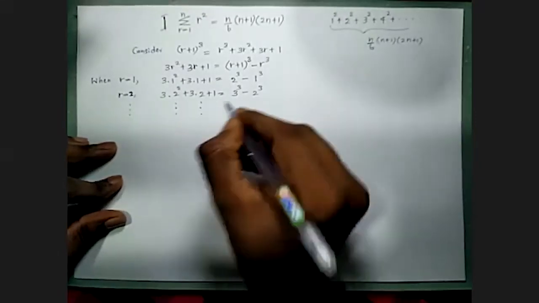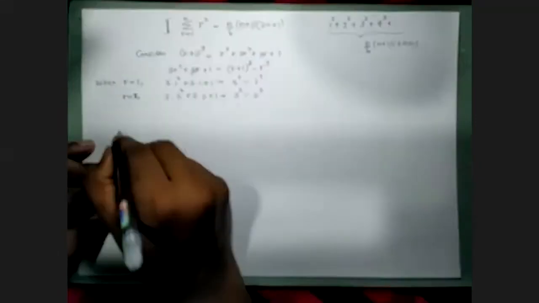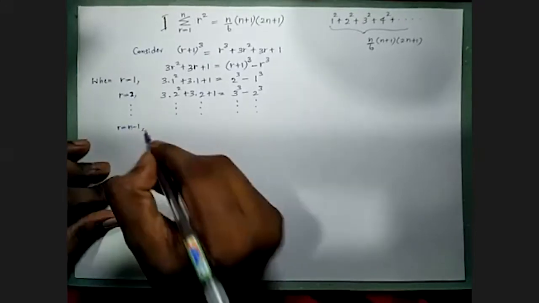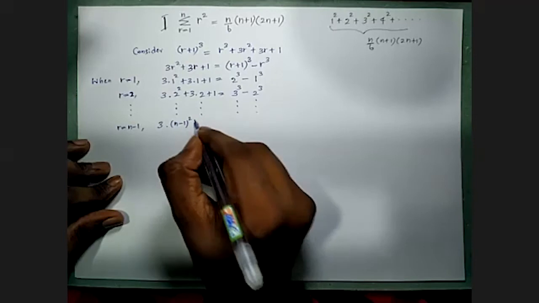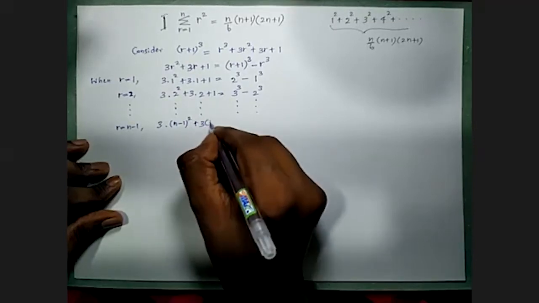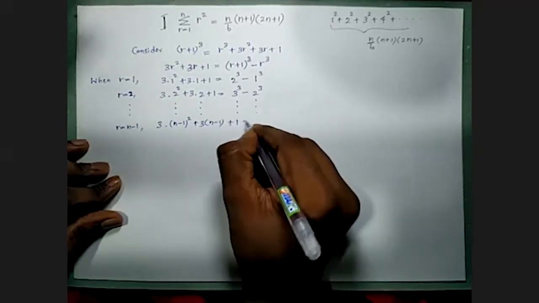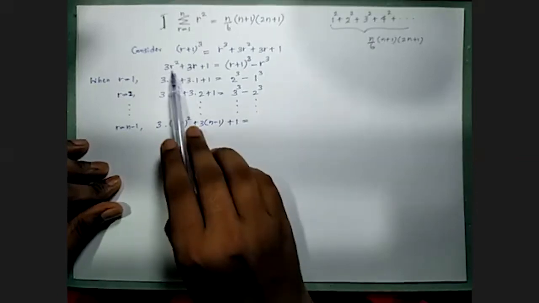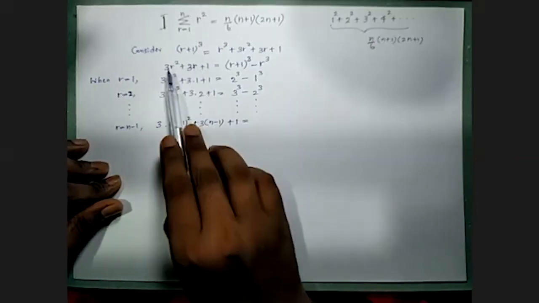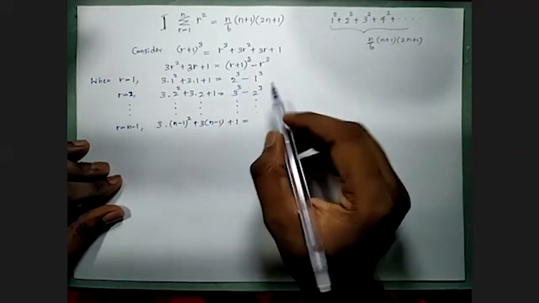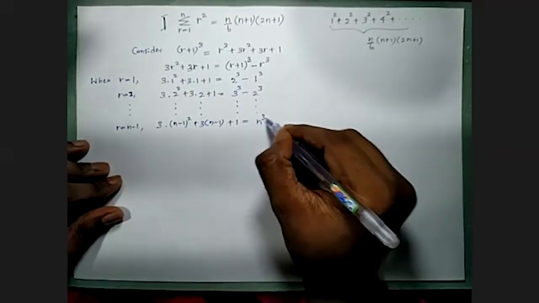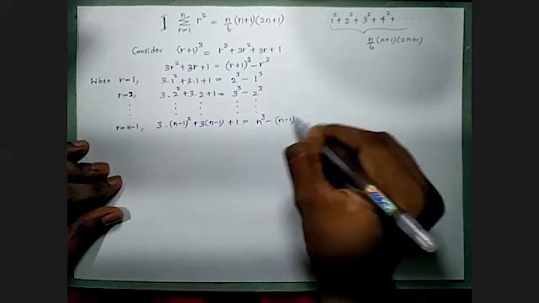So 2 steps from top is enough. 2 steps from bottom. This is 3 into n minus 1 square plus 3 into n minus 1 plus 1. I am substituting n minus 1 for r here. Then on the right hand side I will get n minus 1 plus 1, it is n cube minus n minus 1 cube.